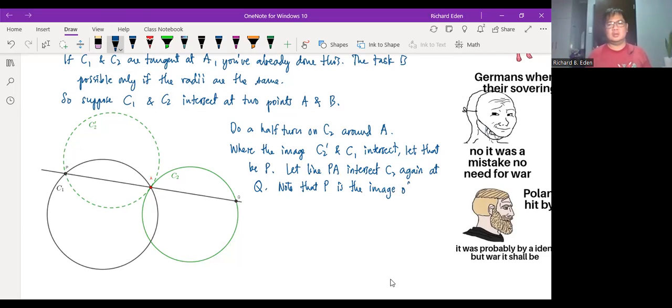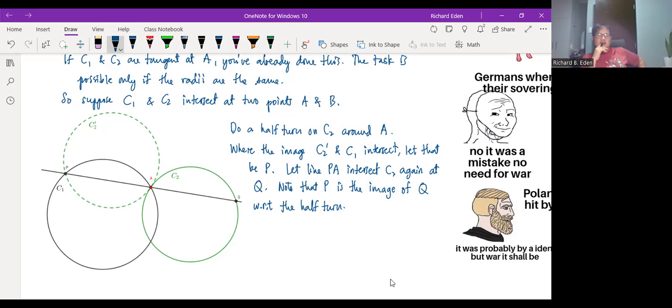So the idea here is that P is the image of Q under the half turn. How do we know that P is the partner of Q?